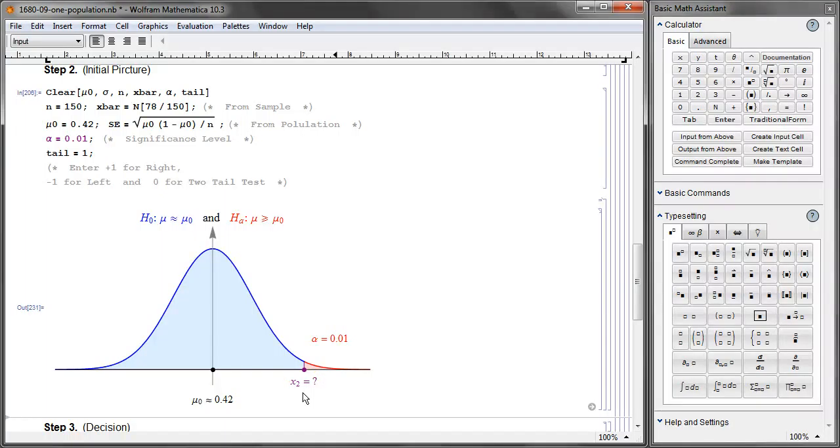If 0.52 is in the red region, it is too far away from the null; if it is in the blue region, it is close enough to the null. Now, what is this critical value? Well, we have to set up the same thing. Z-score is x minus center over standard error, and that Z-score has to be associated to this 99% here, this blue part, left-hand side.